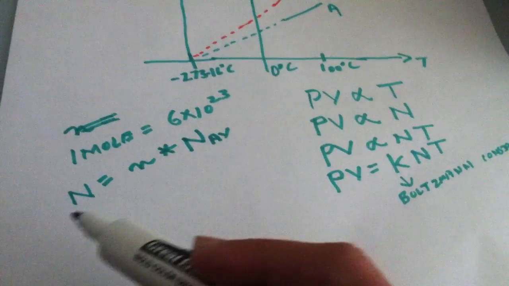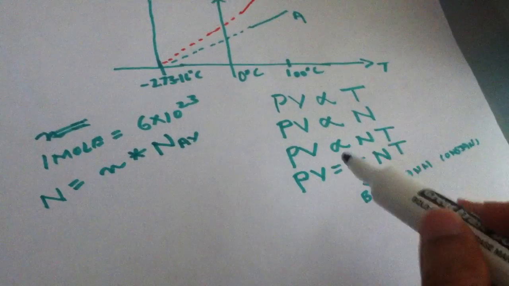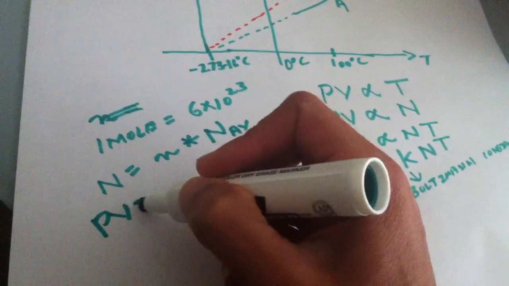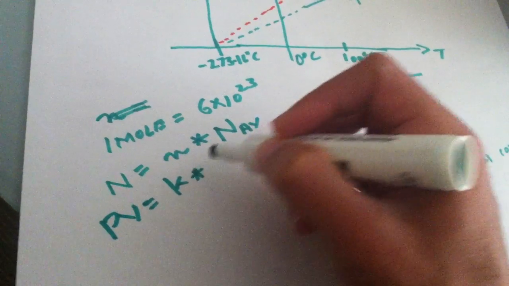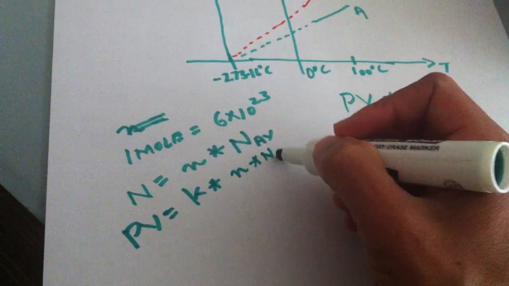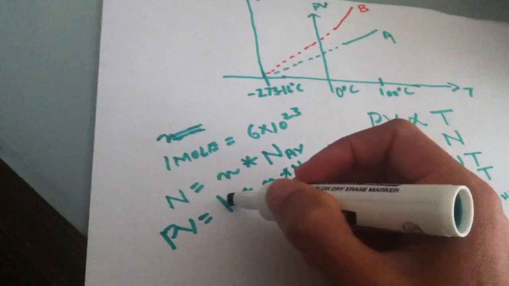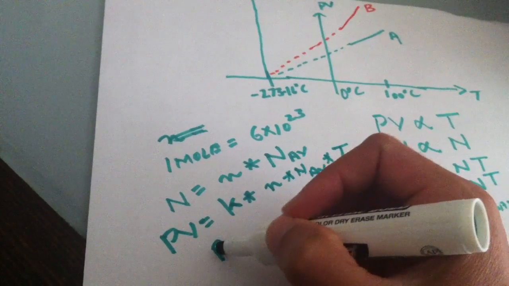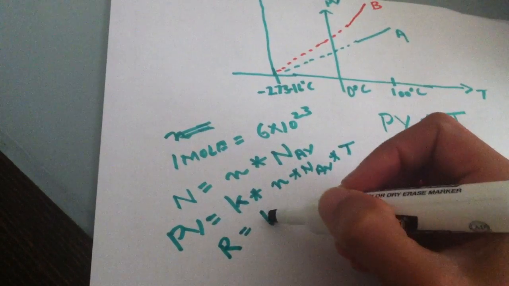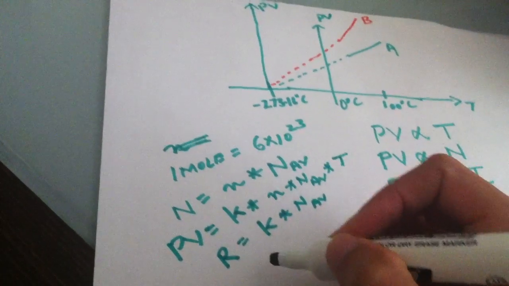Now I can plug this value of N into my original equation and say PV is k times N, where N is the number of moles times Avogadro's number, times temperature. And I can define a new constant which I will call R, defined as k, the Boltzmann constant, times Avogadro's number.